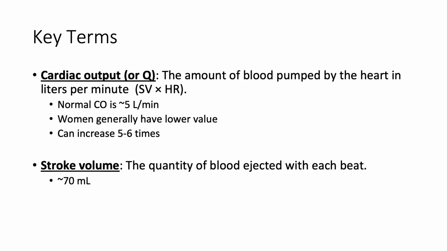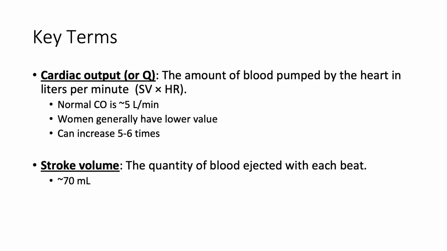max. We mentioned that maximal oxygen consumption, or VO2 max, is the product of cardiac output times arteriovenous difference. But what is cardiac output? It is the amount of blood pumped by the heart in liters per minute. We can calculate cardiac output by multiplying stroke volume times heart rate. Normally, cardiac output is around 5 liters per minute. Also, when we look at this value, women generally have a lower value compared to males.